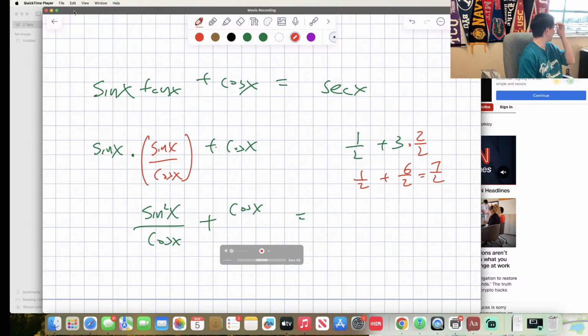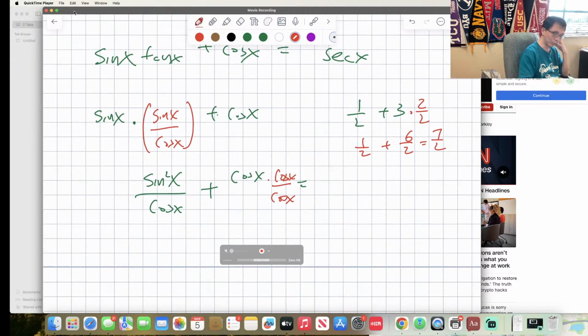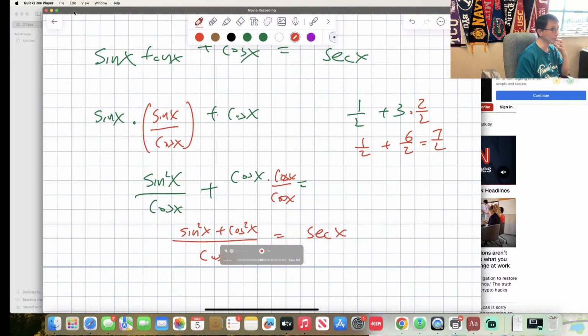What's the common denominator here? Cosine of x over cosine of x. Now that's going to be cosine of x on the bottom, and on top sine square of x plus cosine square of x. And this part still didn't change. What do you see here?